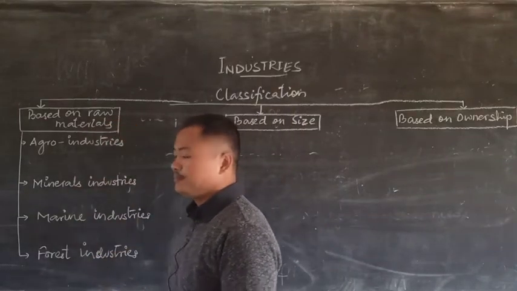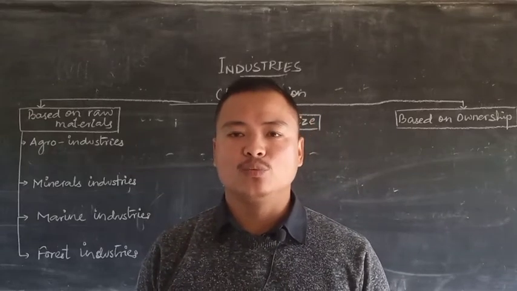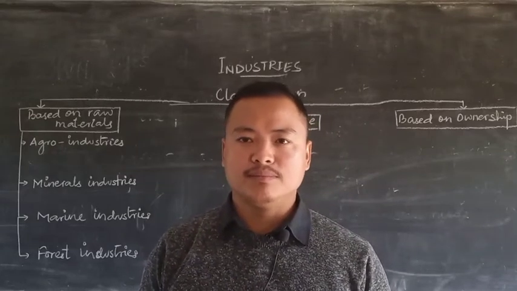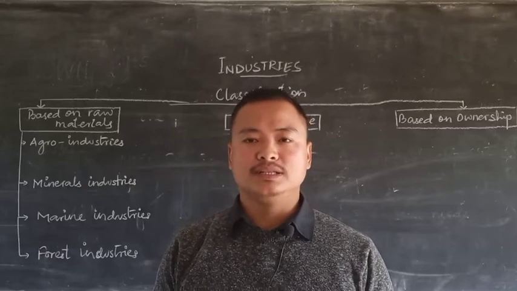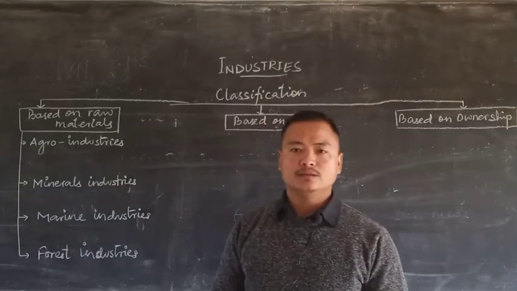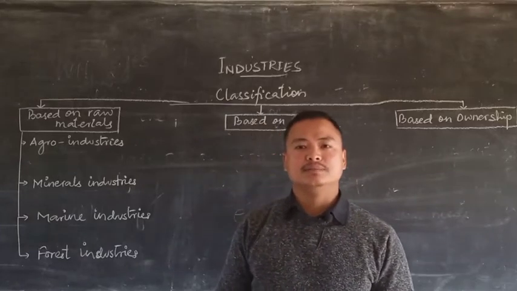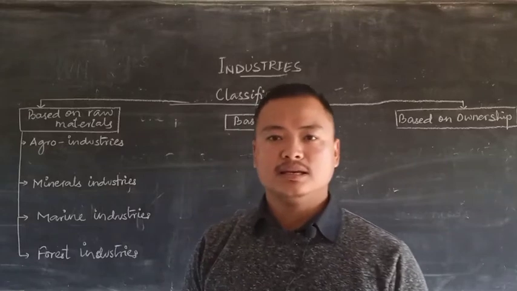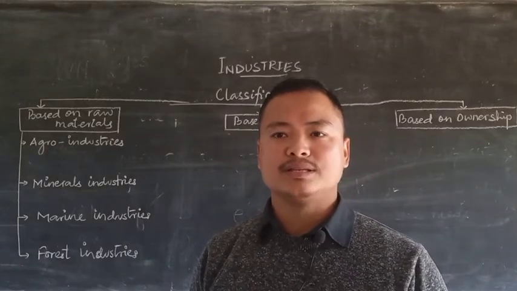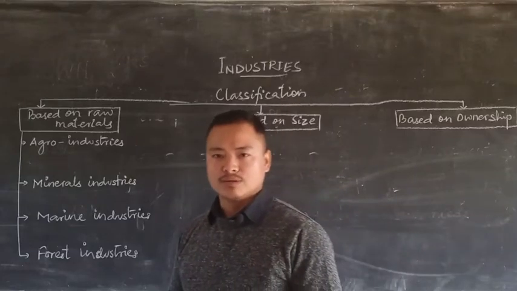In this group of industries, we differentiate them on the basis of the types of raw material that they use. The raw materials are of various types. Some are metals, some are non-metals, some are minerals, while some are agro-based or agricultural raw materials.